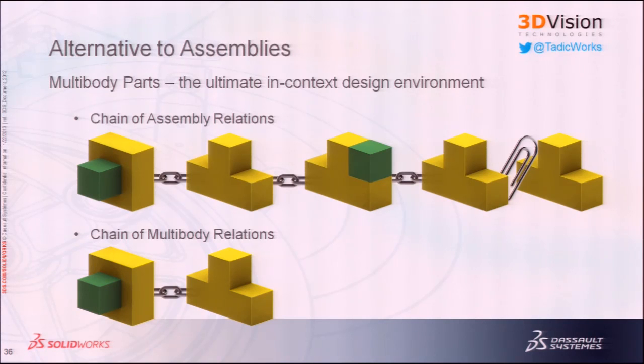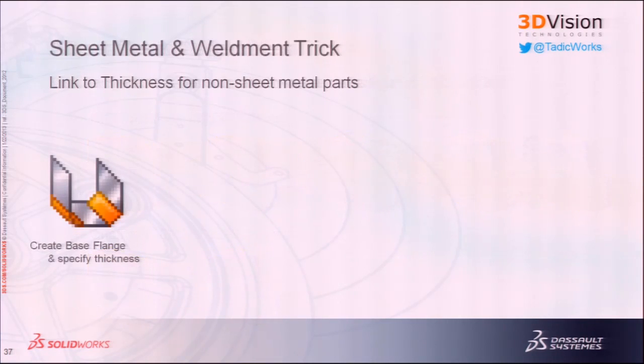So there's all these things that can get twisted and confused or broken because there's a lot of links to that chain, right? And that's just more places for it to break. Inside of a part file, whether it's multi-body or single body, it's the same thing. We've got all of our features in a part file, and the chain is very short.